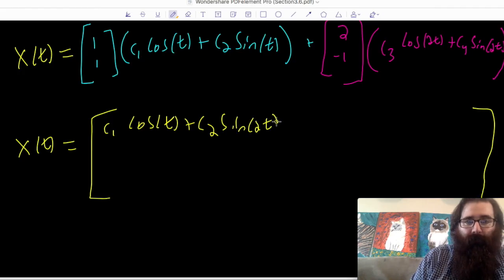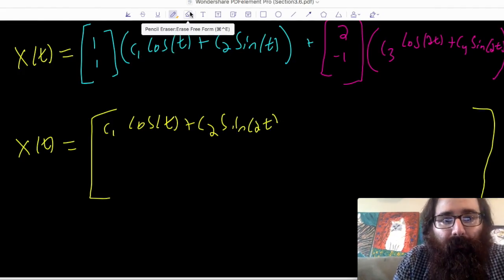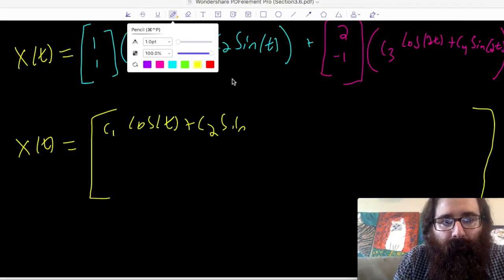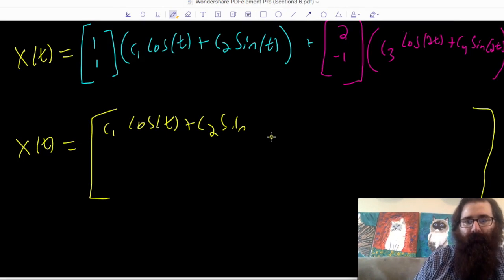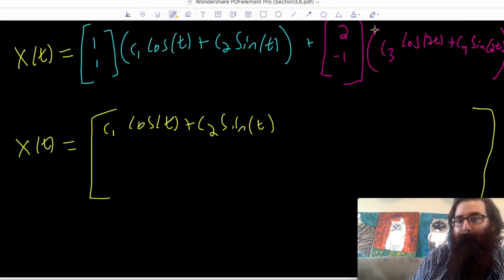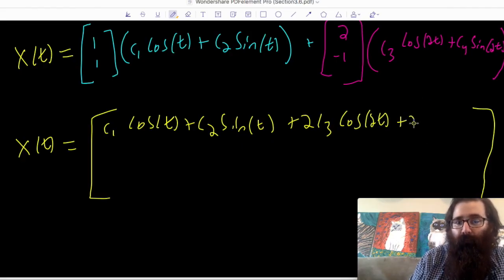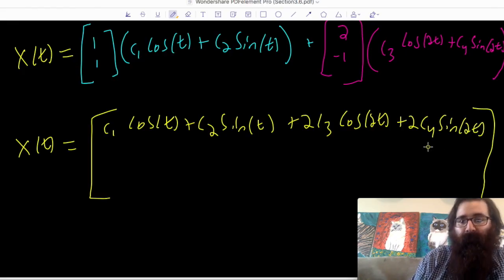But then for the other pieces, I'm multiplying this 2 in. Notice the 2 from the top of the vector. So plus 2 c sub 3 cosine 2t plus 2 c sub 4 sine 2t. And then now traveling along the bottom row.